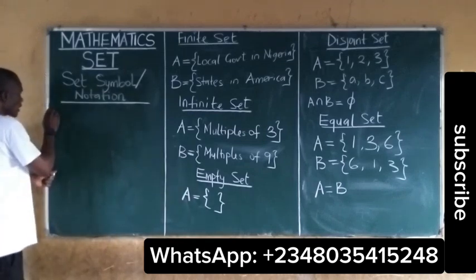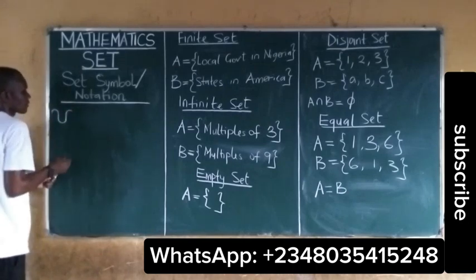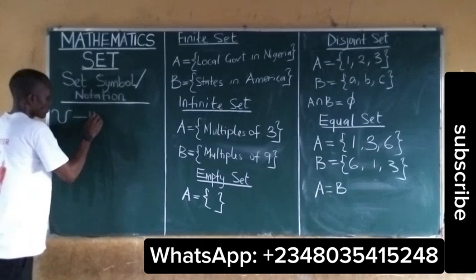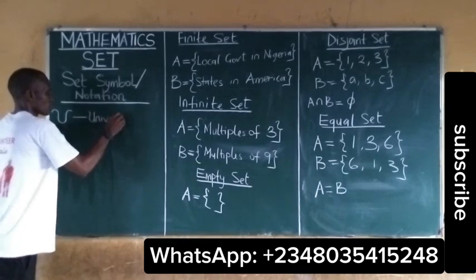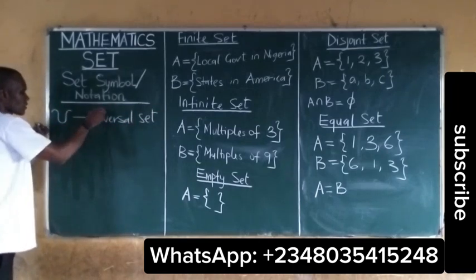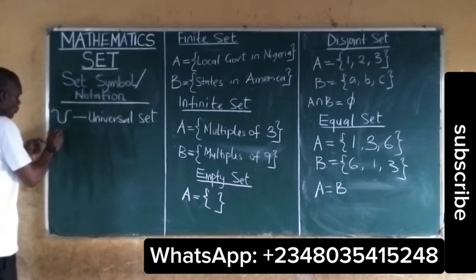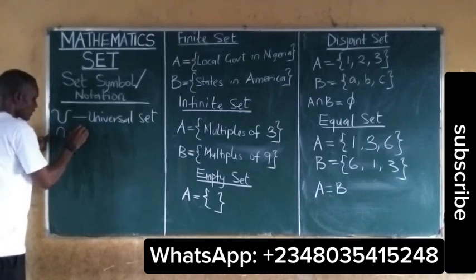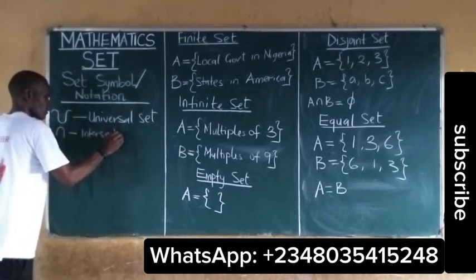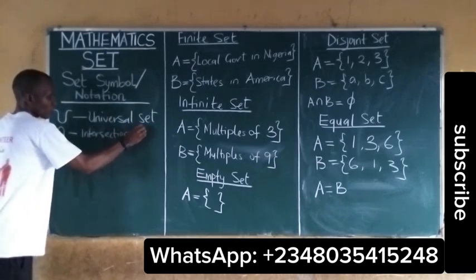For example, we have this as the universal set notation. We have this as intersection of sets.